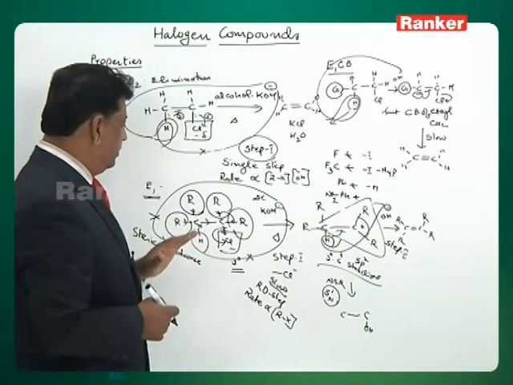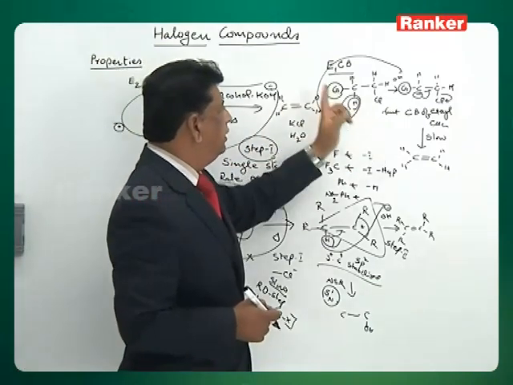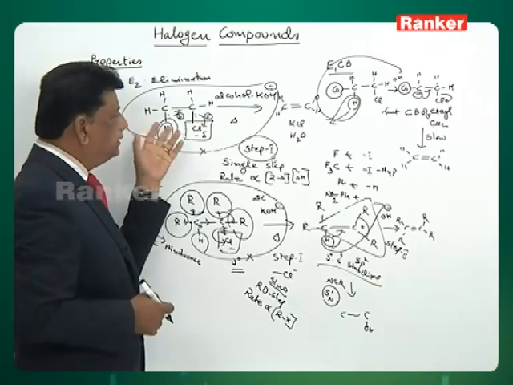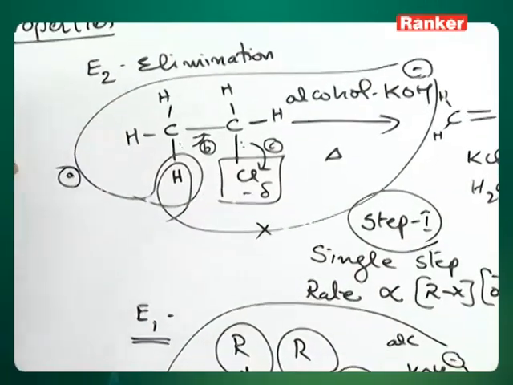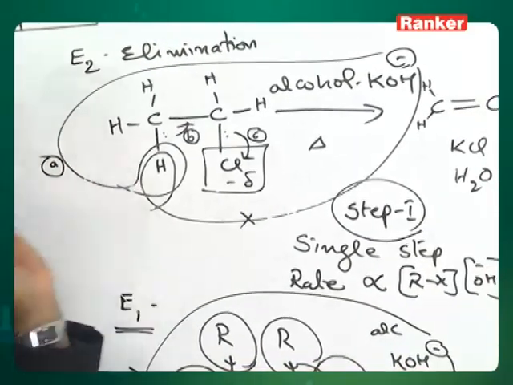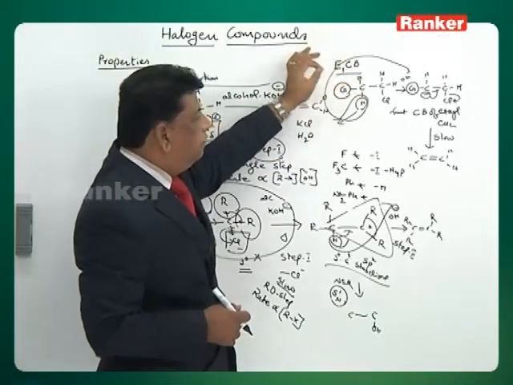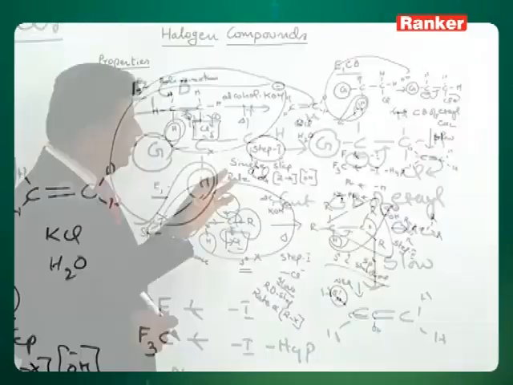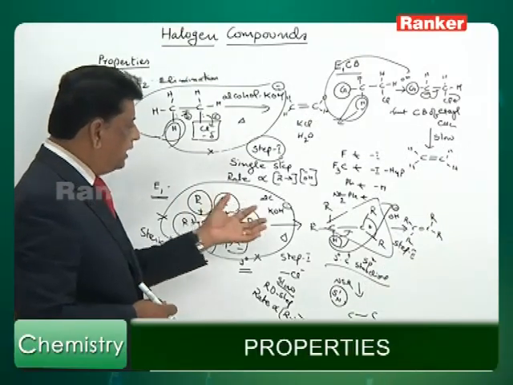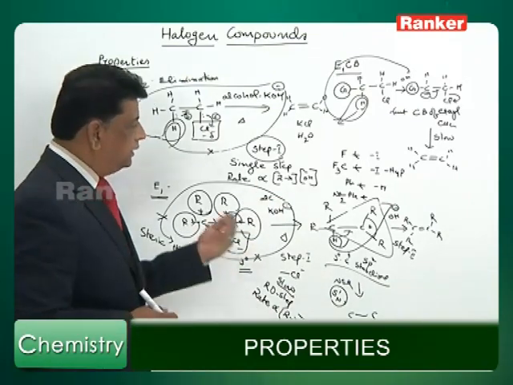What intermediate comes? Carbocation in E1, carbanion in E1Cb. No intermediate, both going simultaneously, that is the E2 mechanism. So simple ethyl chloride type compounds undergo this. Groups which stabilize the carbanion will undergo first H plus going out and the carbanion formed. Groups which stabilize the carbocation, first Cl will go and then the carbocation is formed.